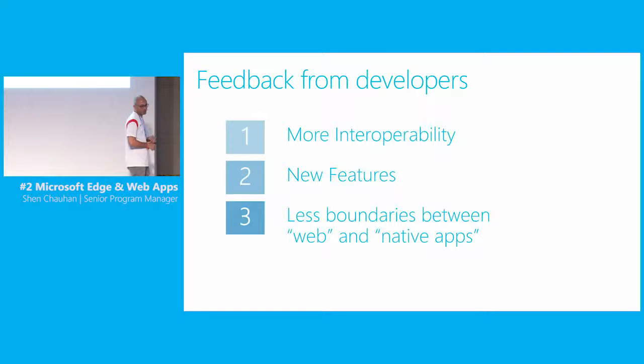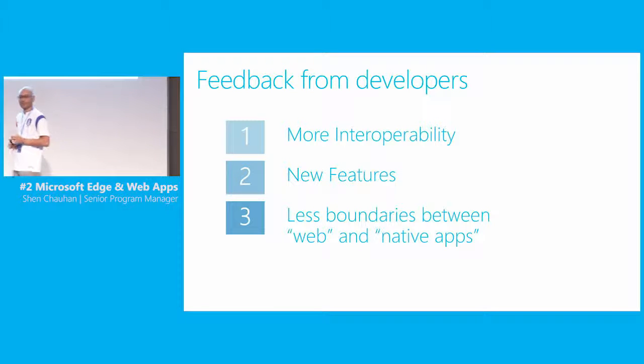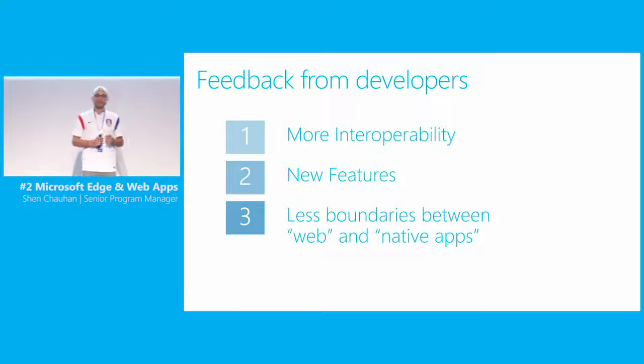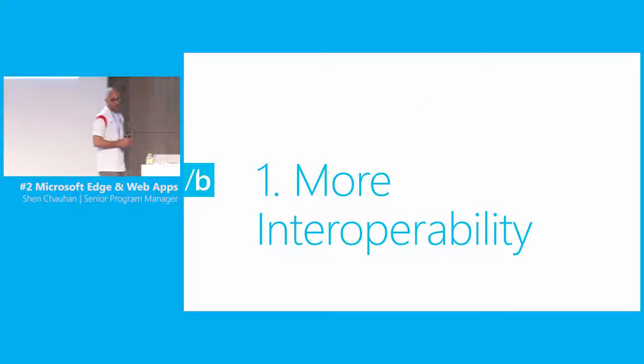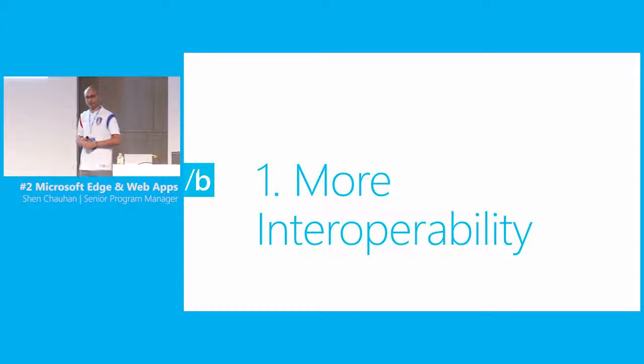And I want to talk to you about the 3 key feedbacks that we got about our web platform. 1 is more interoperability. That's difficult to say, even in English. 2, new features. And 3, less boundaries between web and native apps. So let's start with more interoperability.